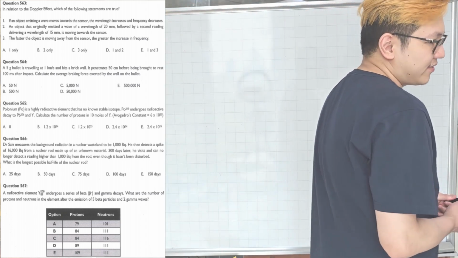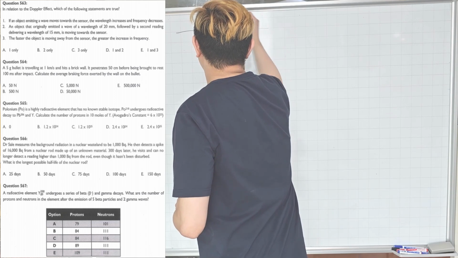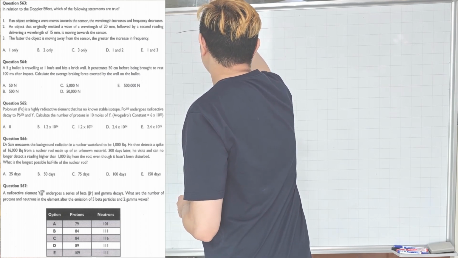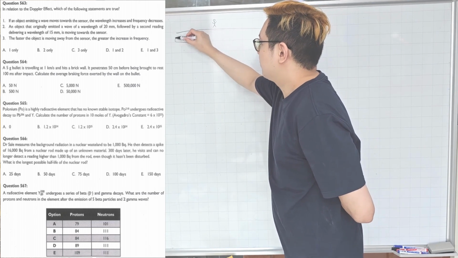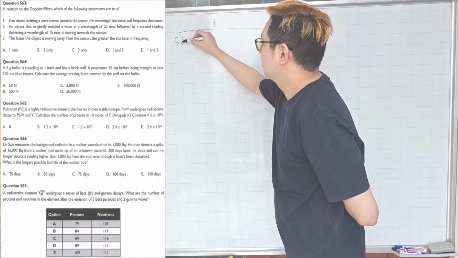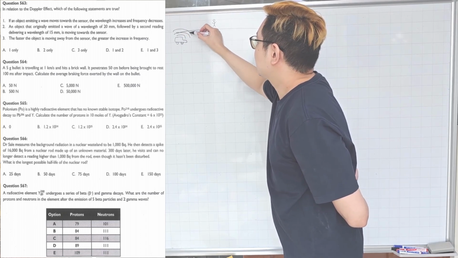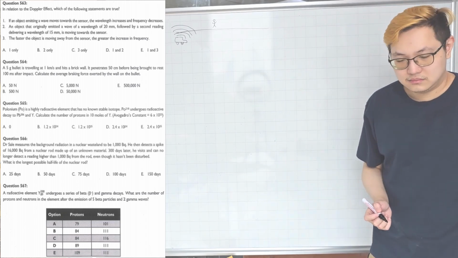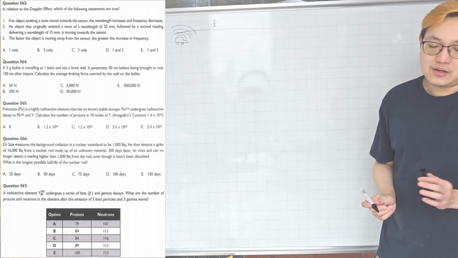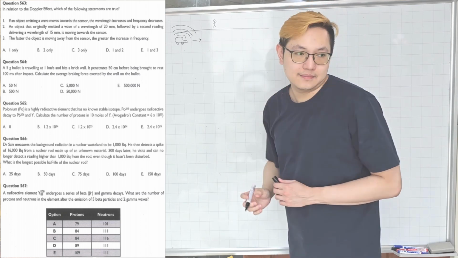Okay, you know what Doppler effect is, right? So basically, let's just say you are a person standing here and there is a car approaching and the car is emanating a sound. Hay coi như bây giờ cái xe đang tiến tới và đang phát ra một cái âm thanh đi.